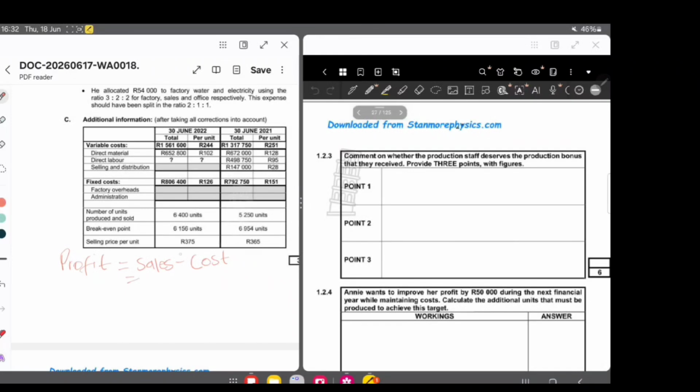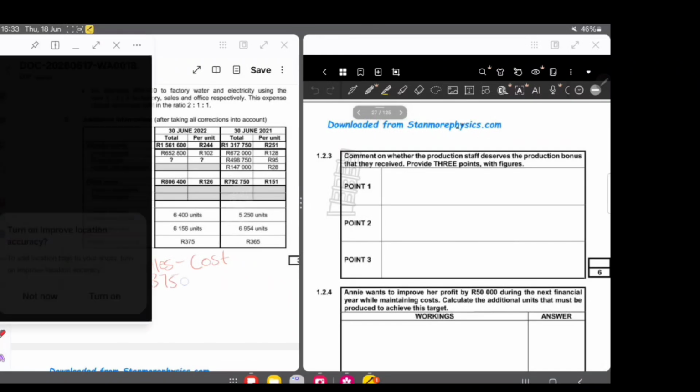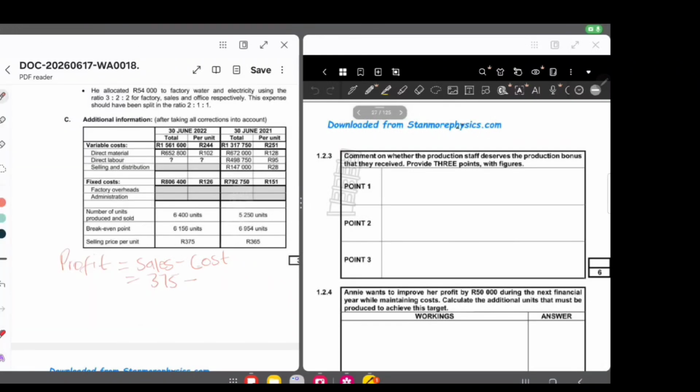And then we are going to say her selling price is 365 rands, and then her cost 126 and 244, right? So for her to make a profit, it's 5 rands per unit. She makes a profit of 5 rands per unit.